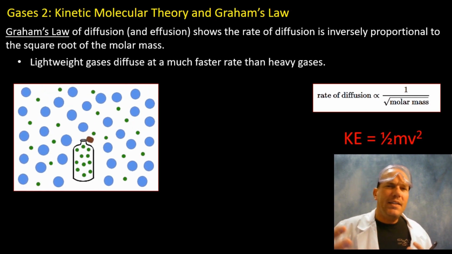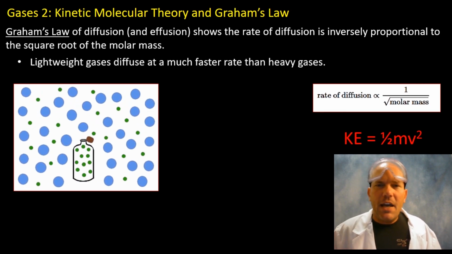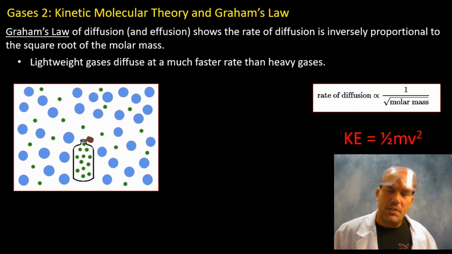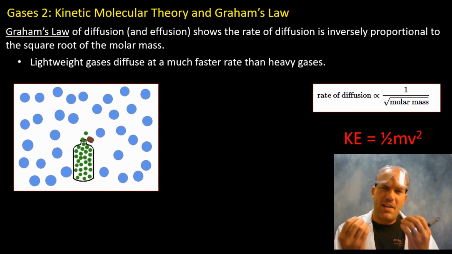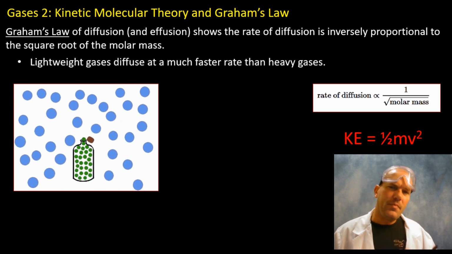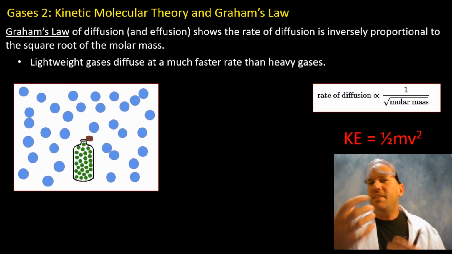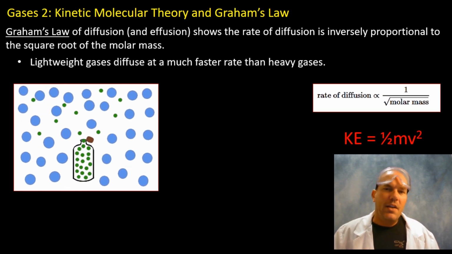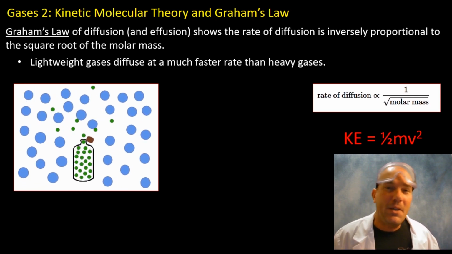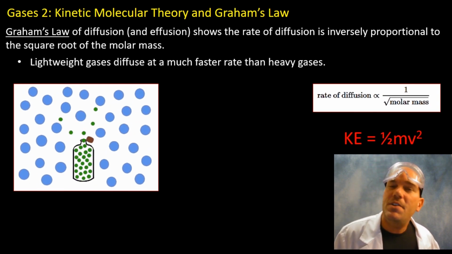Okay, so we're not going to see that changing. It's going to be constant. However, the velocity is going to change. And we learned in this kinetic molecular theory and in gases 1, as temperature goes up, so does the motion. The velocity increases. And so this leads to a number of gas laws that I'm going to be going over in upcoming videos. Let's take a look at this animation here.